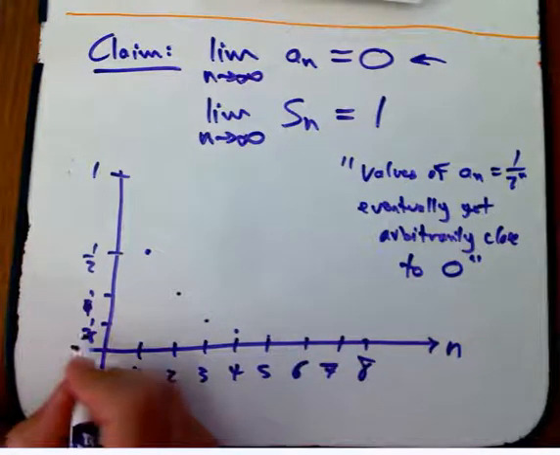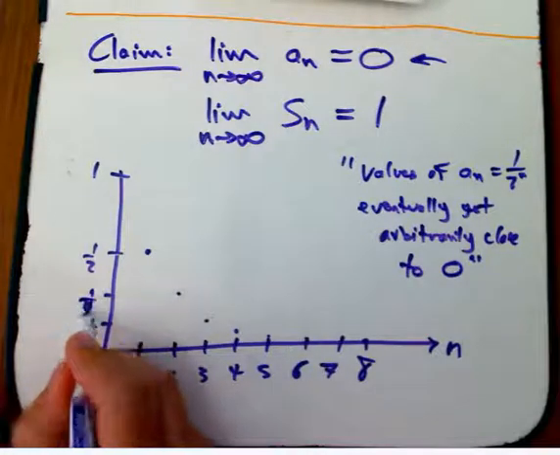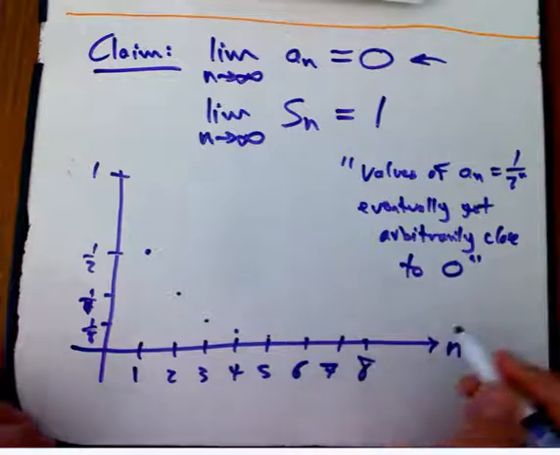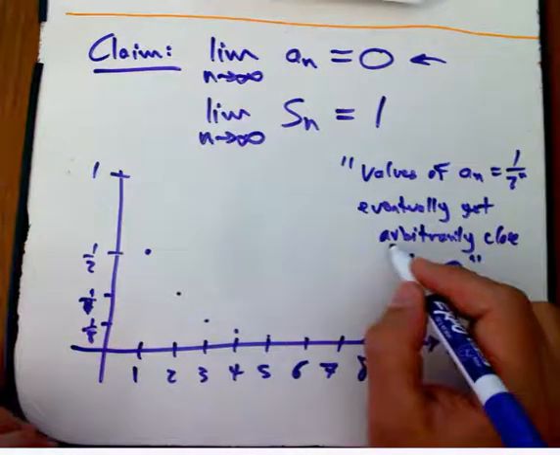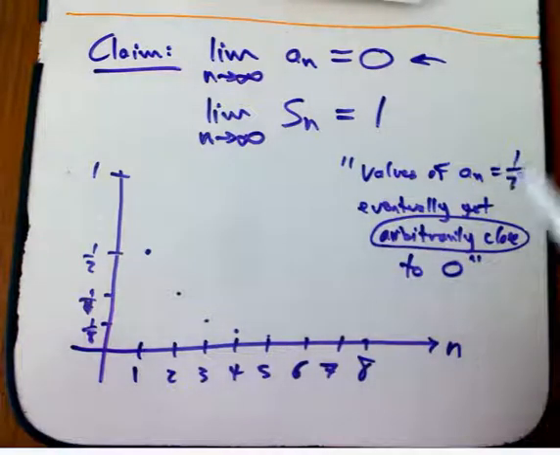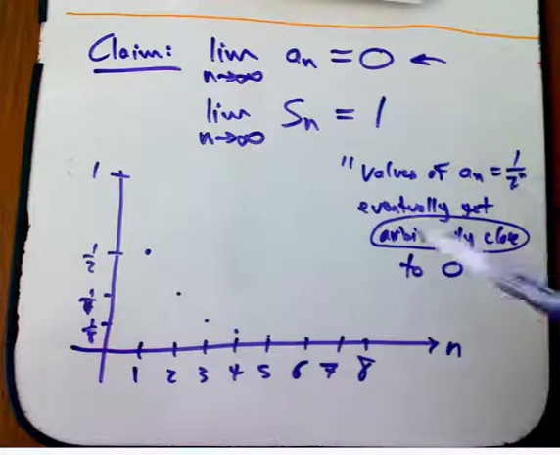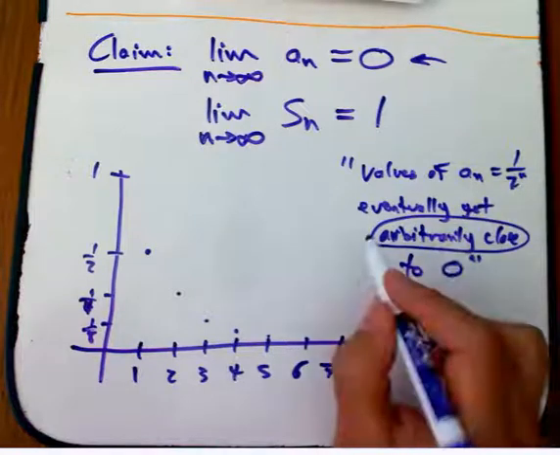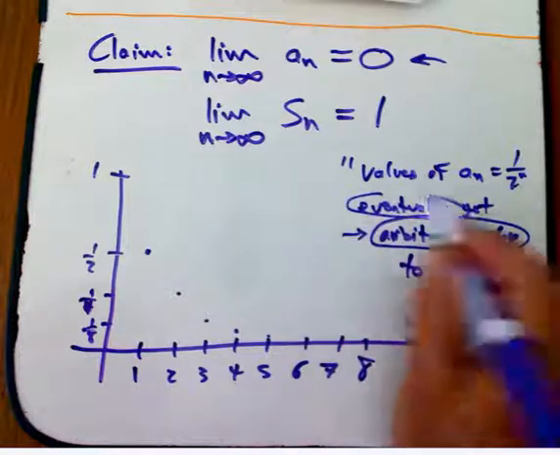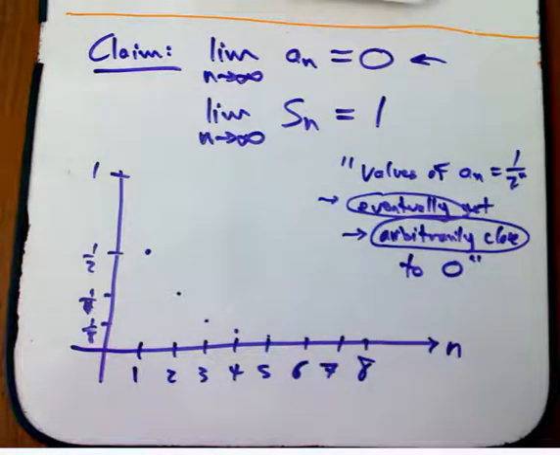And a good picture for that, and it's going to be very tied into the explicit definition, is that I focus on this arbitrarily close. I'm not saying that these values get to within a distance 0 of 0, because that would mean the values would be equal to 0, and they never are 0. We're saying that they get very, very close to 0. So I need to make this more explicit, and I need to get to that eventually.